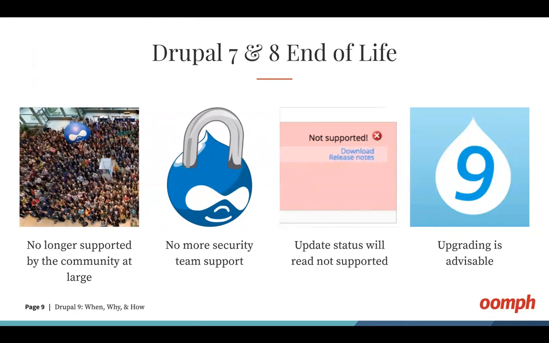They won't be making any more commits to 7 or 8, so no new features will be added there. I think the biggest thing, and this kind of goes to your question, Ellen, is the security team won't be supporting Drupal 7 and 8 anymore. We'll talk in a little bit about options to keep your site secure if you're on Drupal 7 and Drupal 8. But let's go through these last two items here.